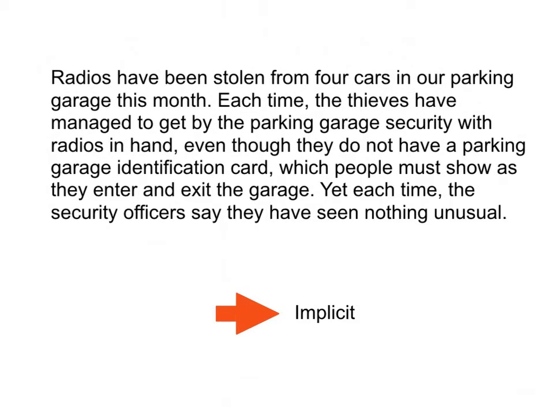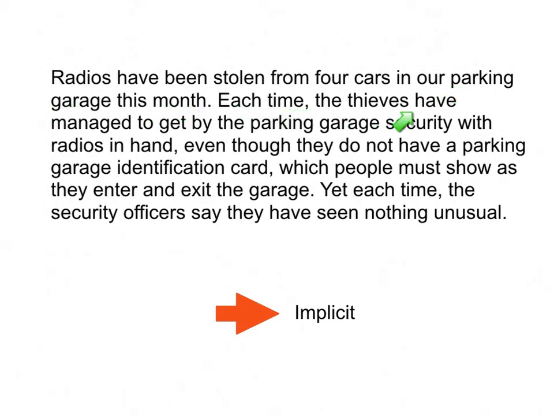In this next example, we have an implicit main idea. Once again, that means you must infer or draw a conclusion from the information that is given to discover the main idea. So let's read this paragraph. Radios have been stolen from 4 cars in our parking garage this month.